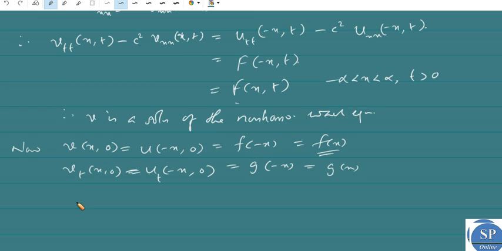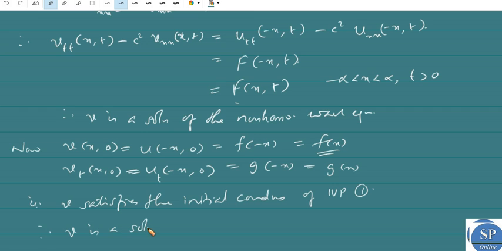That is, v satisfies the initial conditions of the initial value problem 1 or the Cauchy problem 1.